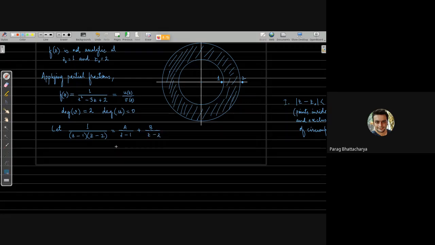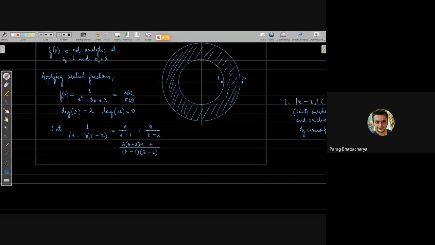In the denominator we have z minus 1 and z minus 2. So as a result this denominator and this denominator have become the same, and what will we have here is A times z minus 2 plus B times z minus 1.